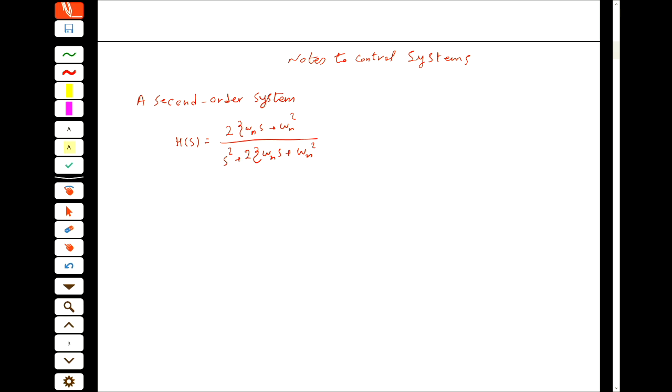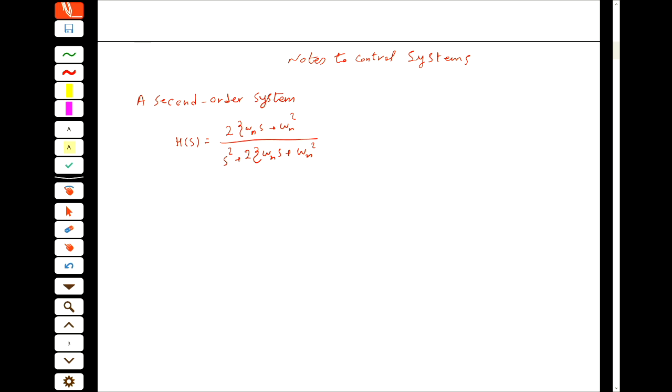I believe most of you know this. Anybody who hasn't seen this before? I believe everybody saw this in linear control.